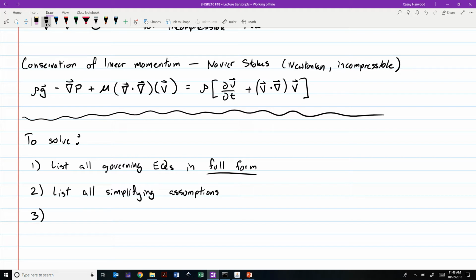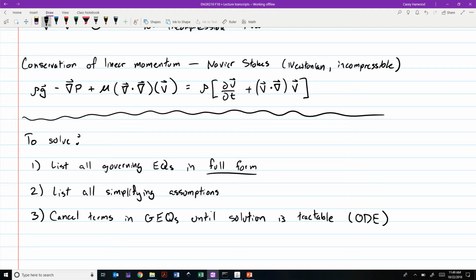Step 3 is going to be using these simplifying assumptions to cancel terms in the governing equations until the solution is tractable. Okay, and usually this is going to mean until you have an ordinary differential equation for one of the quantities of interest. Right?